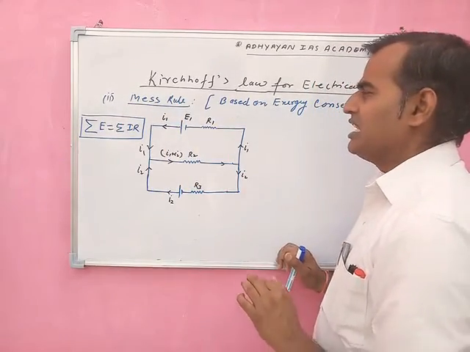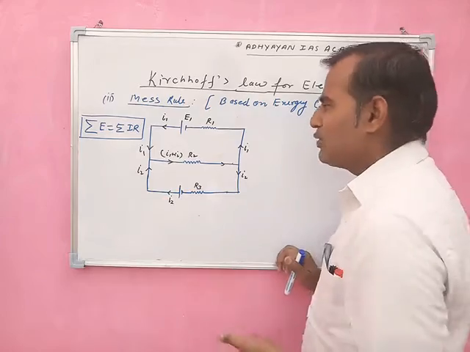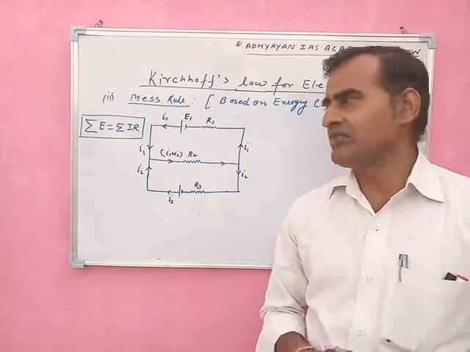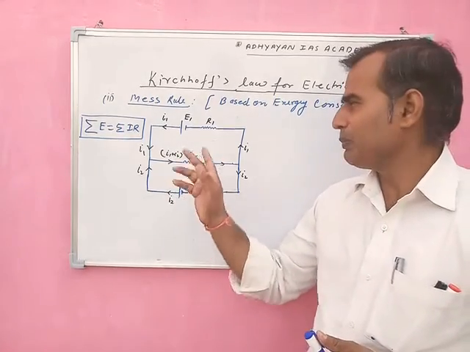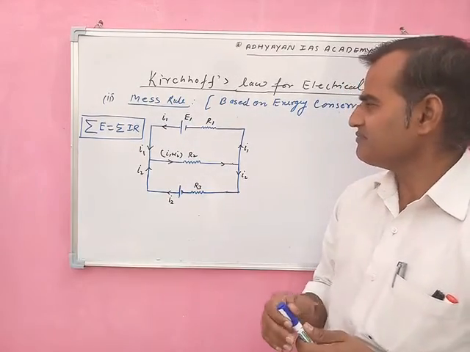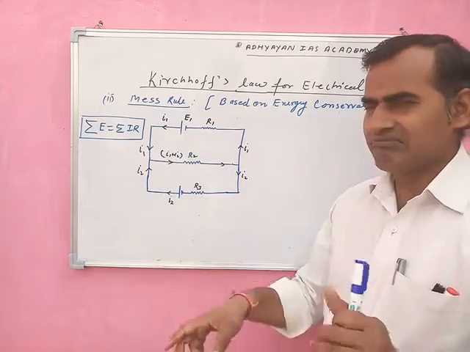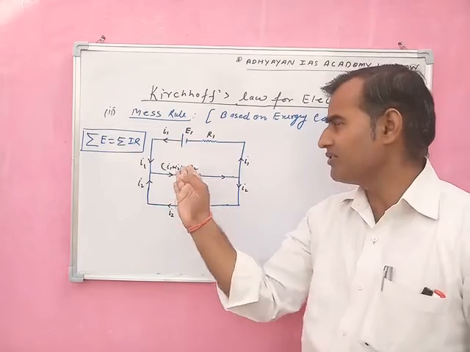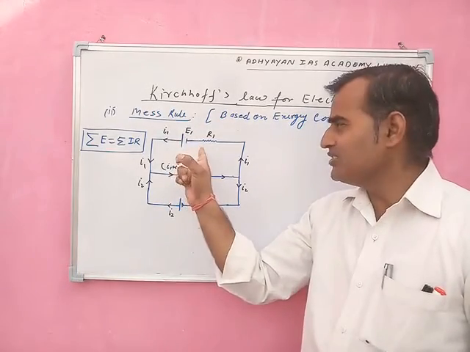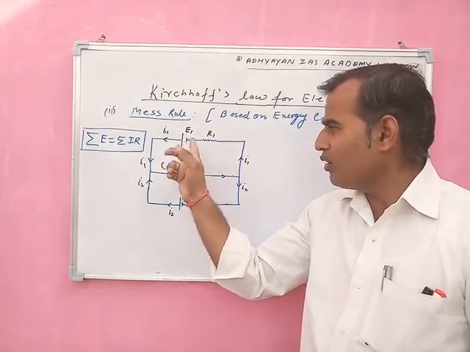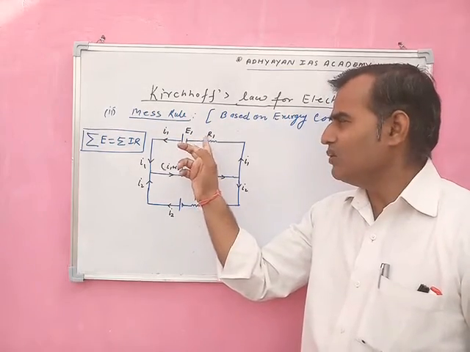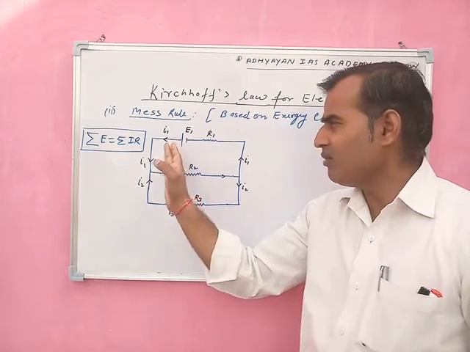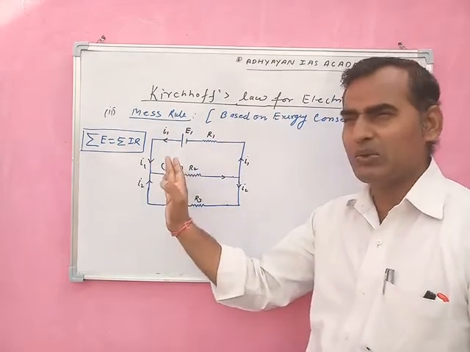Means in any closed loop, according to the mesh rule, the potential drop across all the resistors will be equal to the sum of the EMF of all cells in any closed loop.